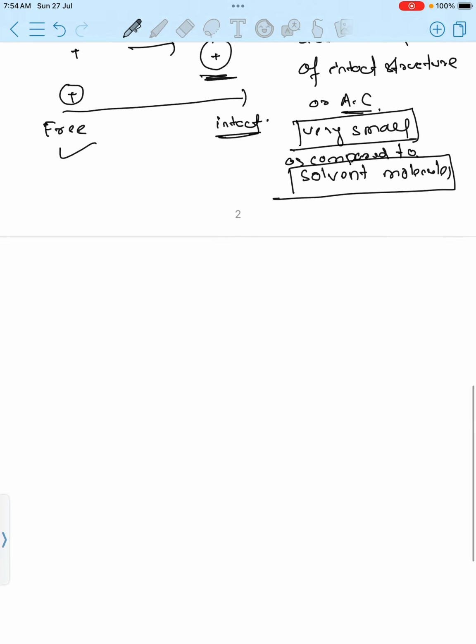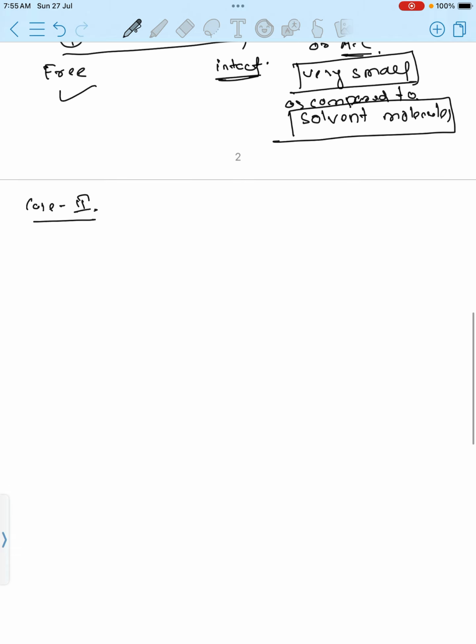But we will now take a second case, where you will see that as compared to the ionic species, the charge on the activated complex, rather than increasing, will decrease. Okay, what is the scenario?